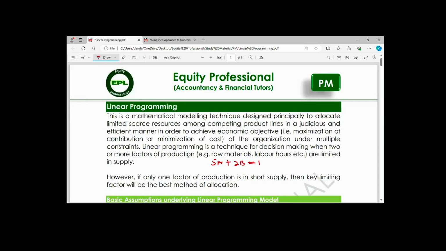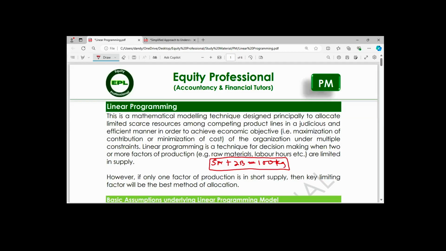Therefore, I will say equal to 100 kilograms. So when you express something like this, that is called linearity. The relationship between the objective functions and the other factors of production must be expressed in linear fashion.